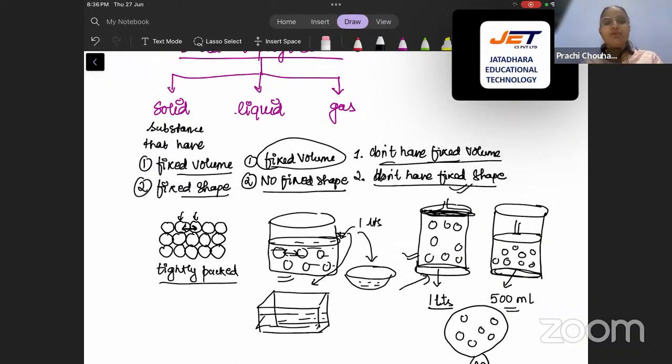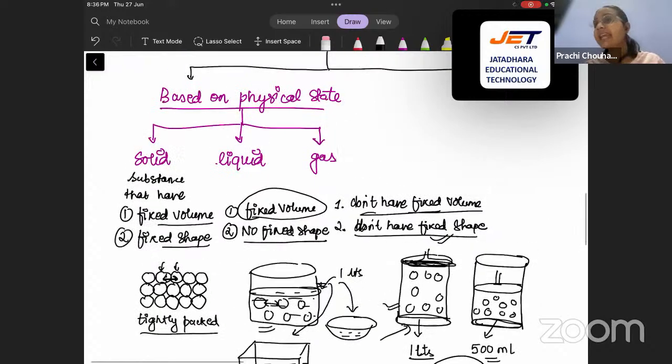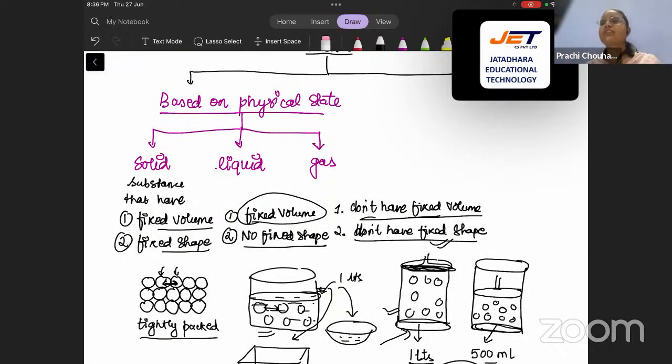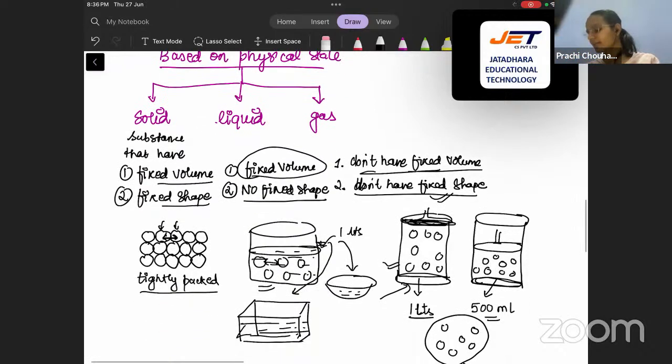Then we will move on to the next classification, which is based on the chemical characteristics. This was a very basic topic. Just tell me in the chat if this topic is clear. So that's the fundamental difference, and that's the story of the solid, liquid, and gases.